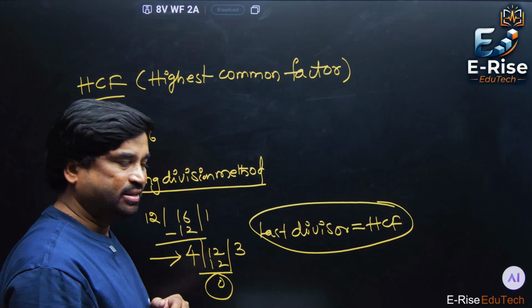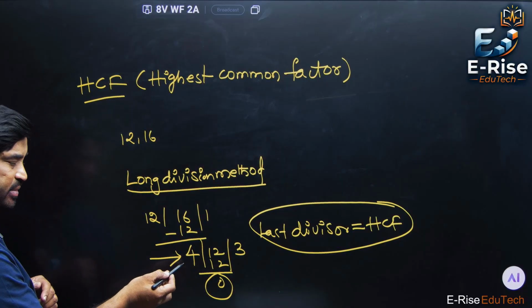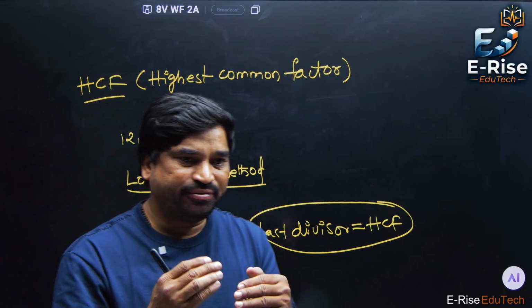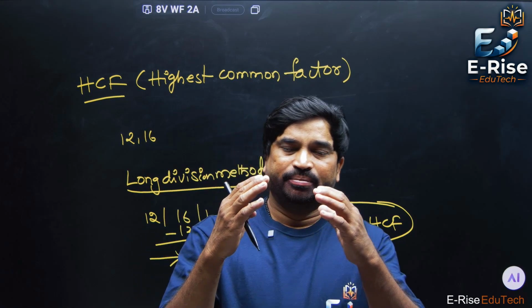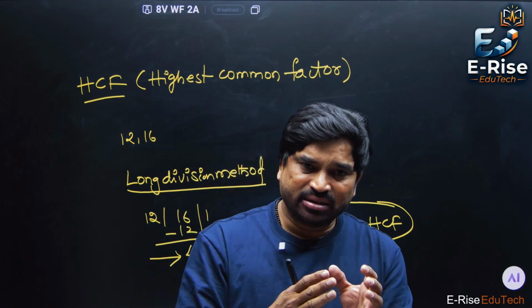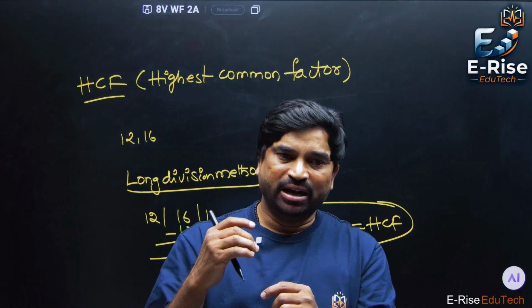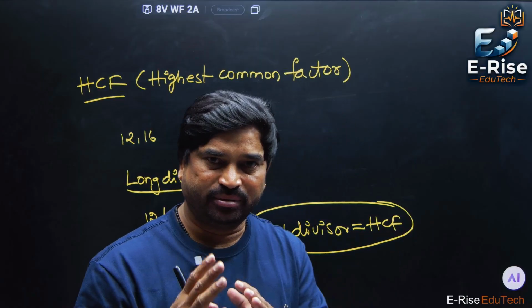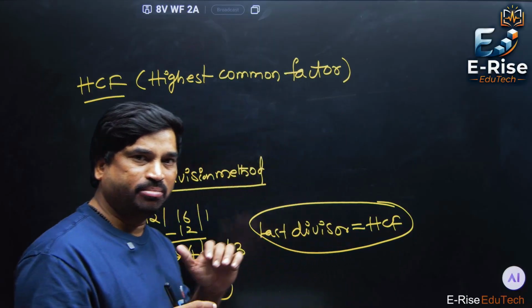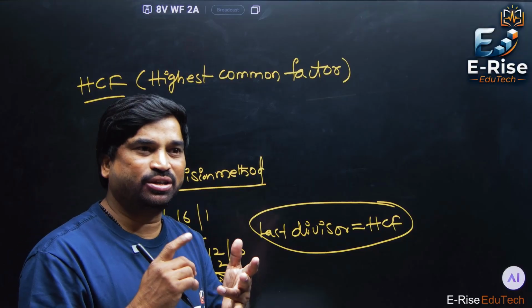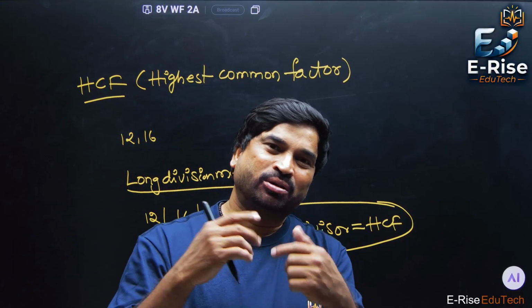Every time in the long division method, the divisor becomes the dividend, and the last divisor is the HCF. There is no factorization, no prime factorization. Simply you get the answer.